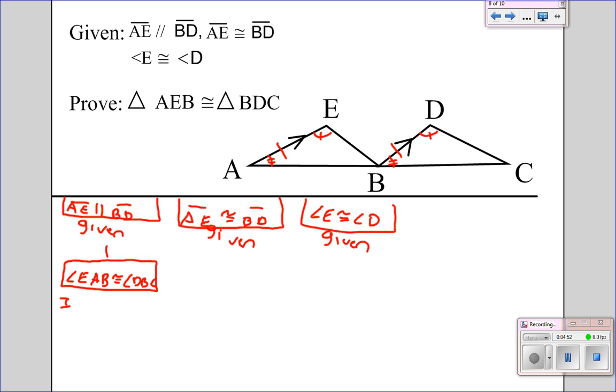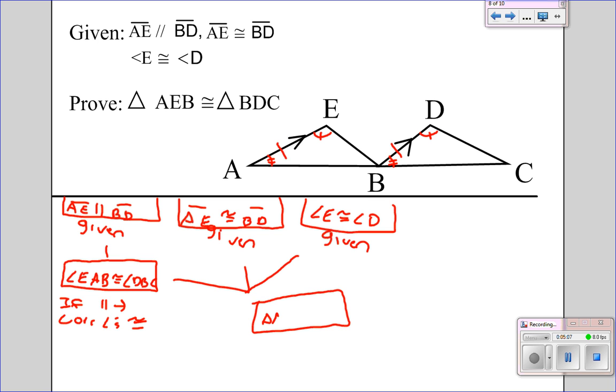And that's because if parallel, then corresponding angles are congruent. So you'll want to go back and review those parallel line proofs to get those theorems down. And now I join them together, and I say triangle AEB is congruent to triangle BDC by angle, side, angle congruence.